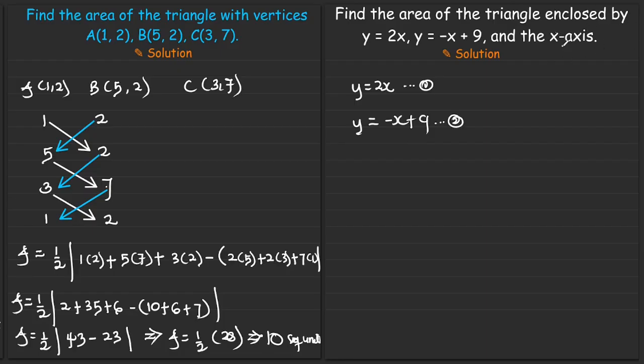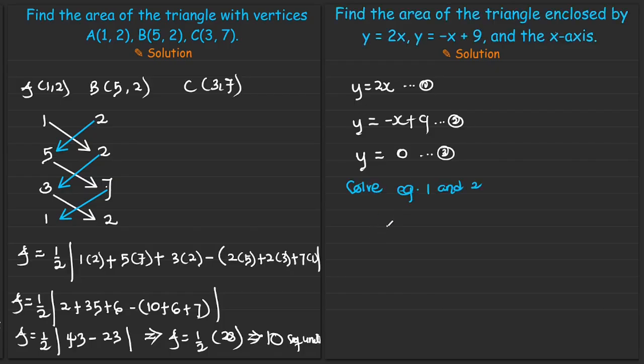The x-axis written in equation form is simply the line y is equal to 0. So this is our equation 3. You want to solve these three equations simultaneously to determine the vertices of the triangle. Let's start with equation 1 and equation 2.